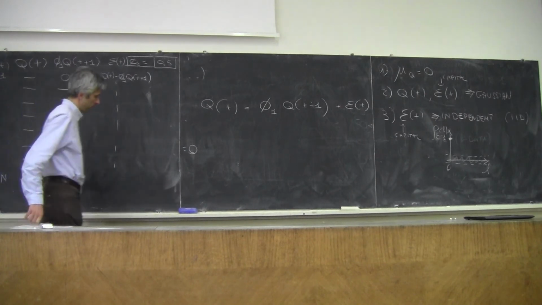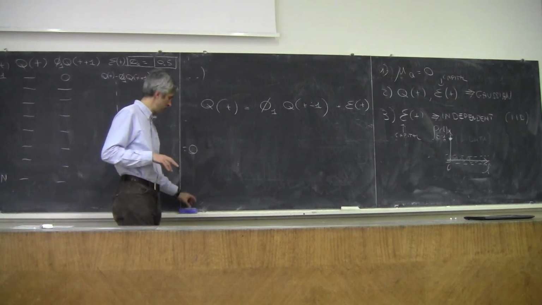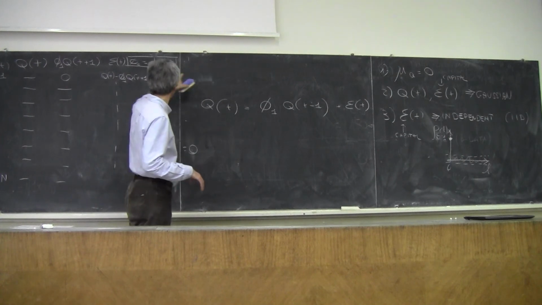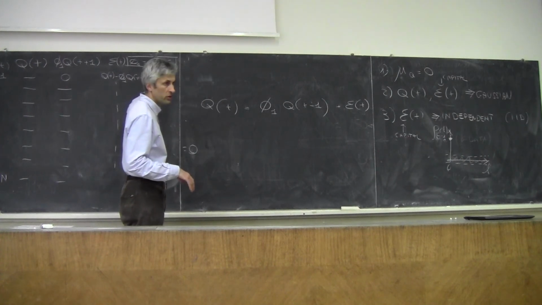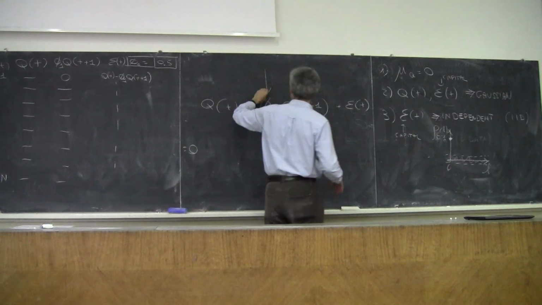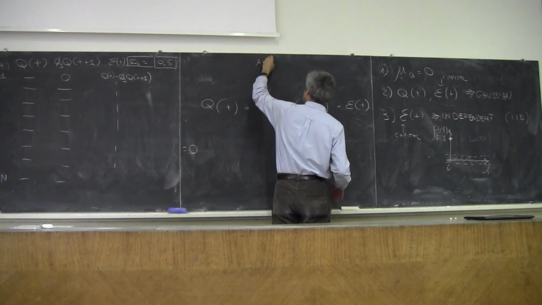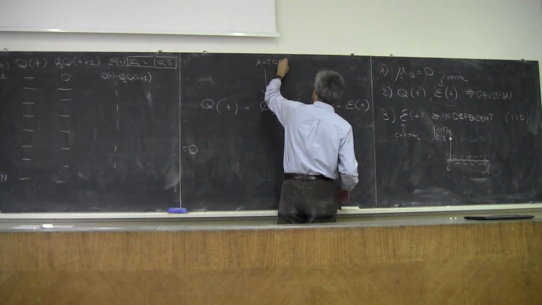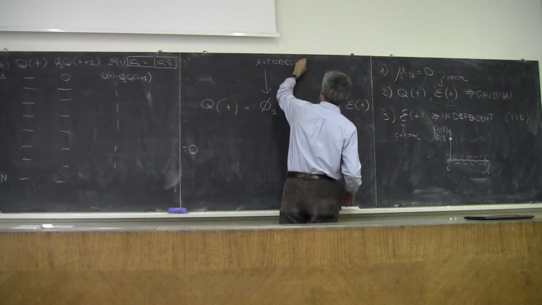Now, this is very easy, as you see. The problem is that you are not sure that your trial value for the coefficient, which is called the autoregressive coefficient, is correct.